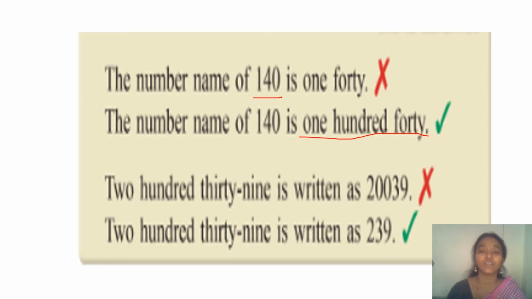You have to write it as two hundred thirty-nine. You should not write it as 200 and 39. You should write like this only. These are the common mistakes we often make.